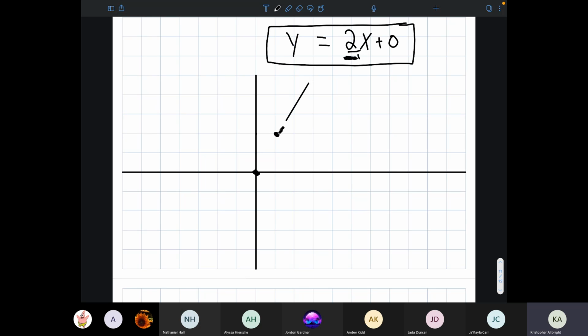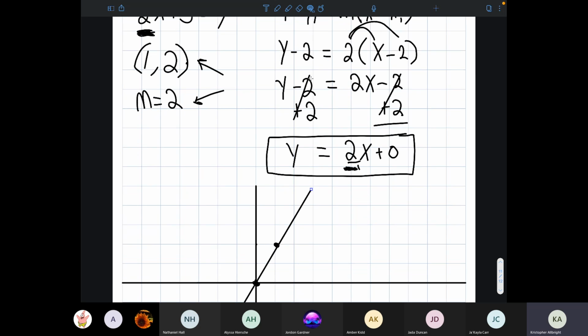Where did you get the over one from? Oh, never mind, it has to be a fraction. So if we look for 1, 2, we go over 1, up 2. We have actually passed through the point that we need to as well. So we are good to go on that.